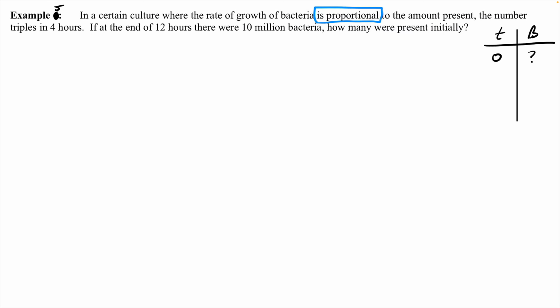That's the problem. That's what they want me to know. They said it triples every 4 hours, right? But I don't know how much that is. But I do know that after 12 hours, there's 10 million. I'm not going to put 10 million, 0, 0, 0, just put 10. It'll be millions, bacteria millions. Okay.